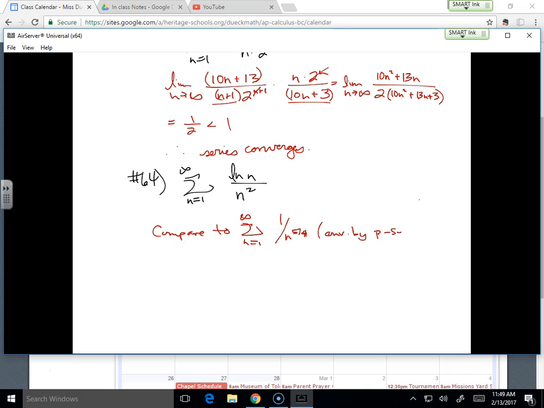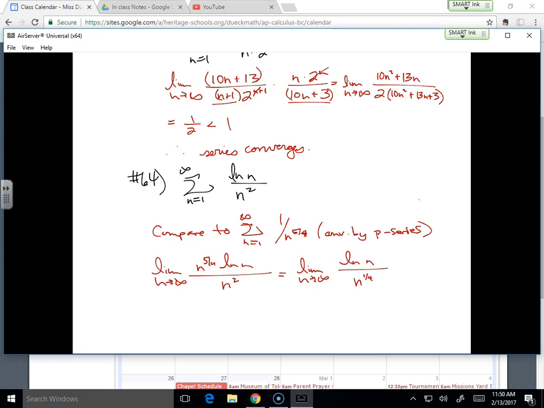By p series, p is greater than 1. So we can have the limit as n goes to infinity of ln of n over n squared with n to the 5/4. And that'd be n to the 1/4 on the bottom, right? Which would be infinity over infinity.